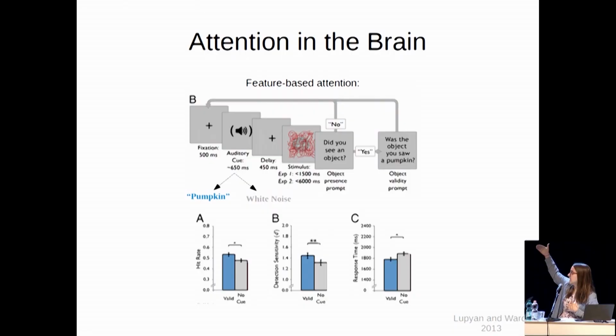So you do detect correctly the presence of the object when you're cued about it, and also response times decrease. This is the benefit that comes from deploying attention. These are the behavioral or performance benefits that come from deploying attention. This is feature-based attention, because you're attending to a type of object, not to a particular location in visual space.